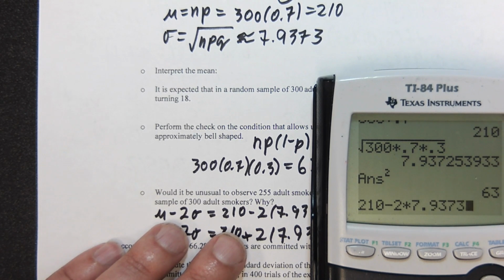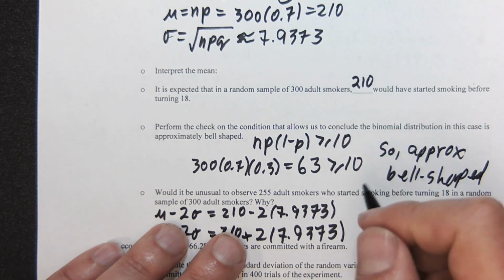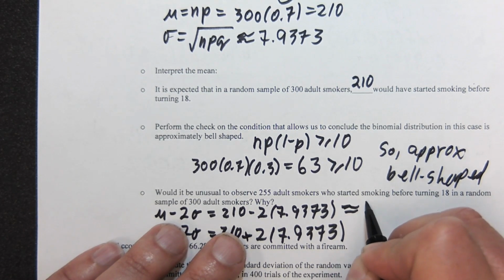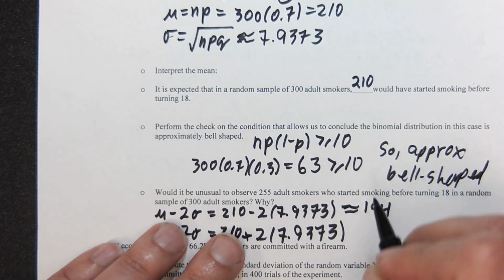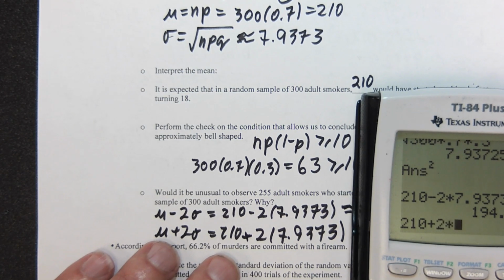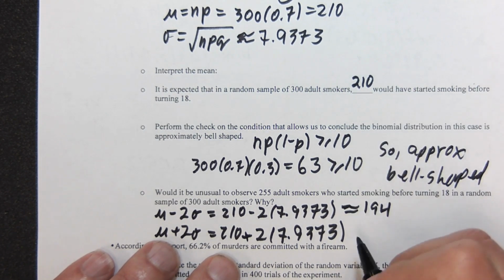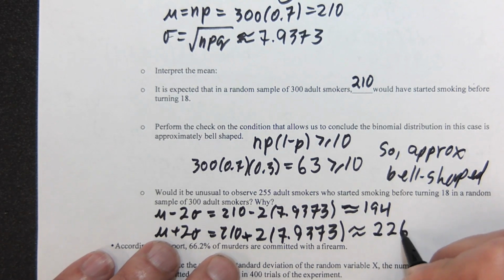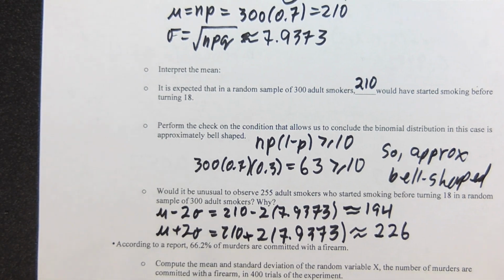So the lower boundary that we're going to have is about 194. And I add it, 210 plus 2 times 7.9373. And this is going to be my upper boundary of what would be usual. And I'll say 226, since these are people, they're whole people.